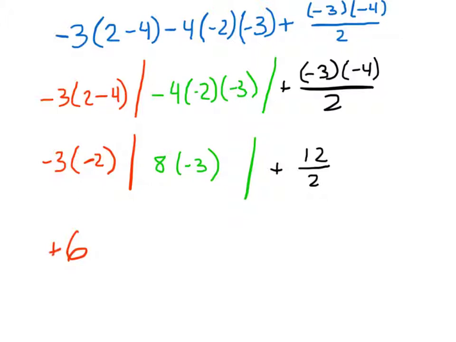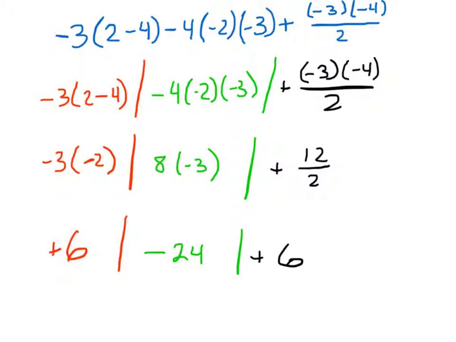And in the next number, I've got 8 times a negative 3. And 8 times a negative 3 will be a negative 24. And in the last section, I've got a positive 12 divided by 2, which is a positive 6.